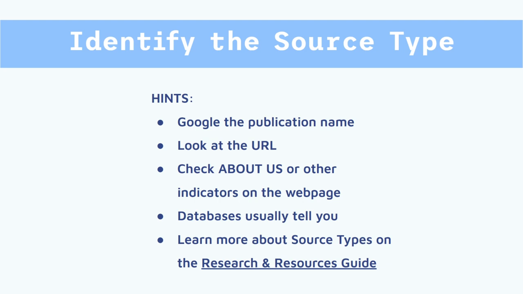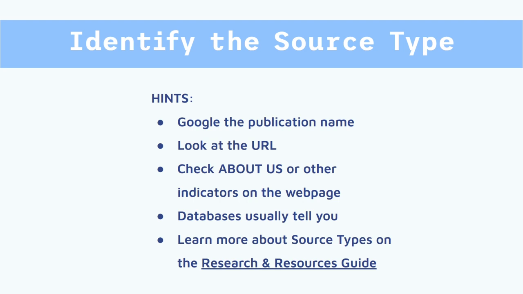If you are using a database, databases are very helpful in helping you identify source types. They will usually have some sort of little icon. It might have a little graduation cap. That means it's a scholarly journal, or it may have an icon that looks like a newspaper, something like that. Or if they're not using an icon, you can usually find something about details of the source of the result that you're looking at.